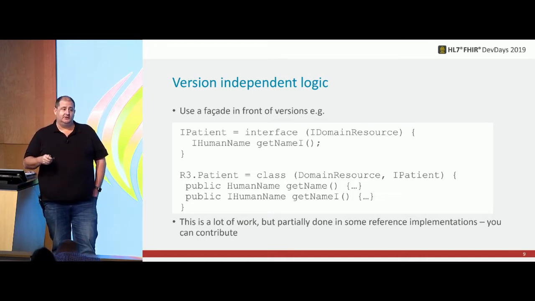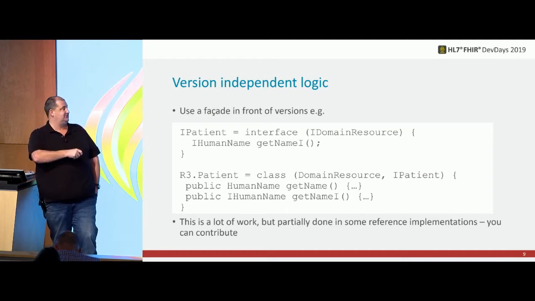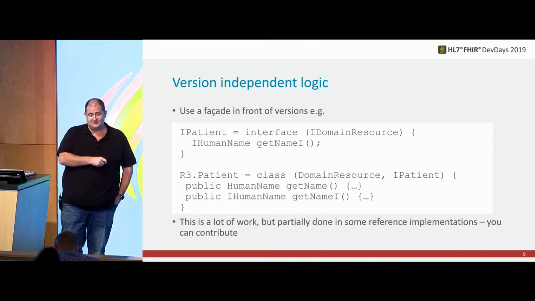It's a lot of work to maintain this. Some of the reference implementations have this work partially done for the resources they care about. But it's like every time you change the interface, you've got to hunt down 3 or 4 versions, or 5 or 6, and fix them up. So it's a chore. But if you want to contribute to the reference implementations to do this, you're welcome.